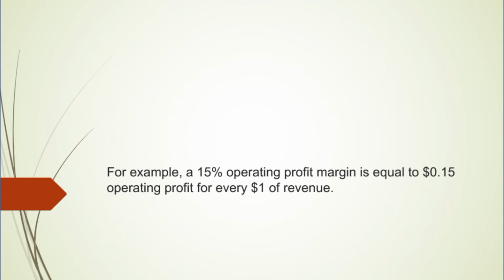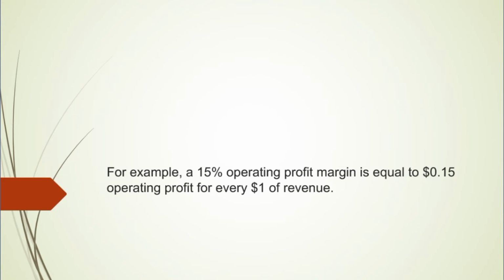Operating profit is calculated by subtracting all COGS or cost of goods sold, depreciation and amortization, and all relevant operating expenses from total revenues.